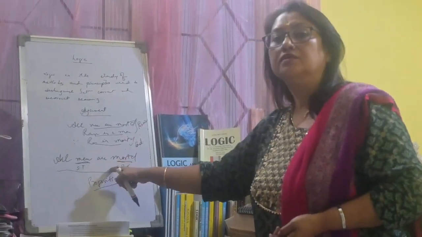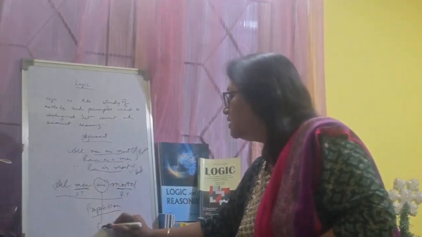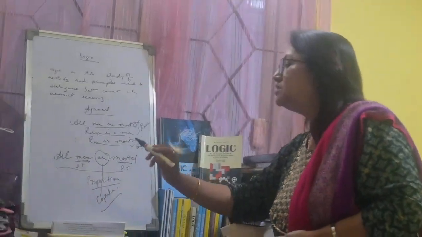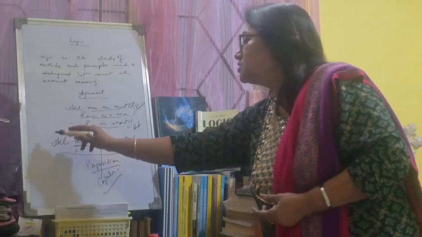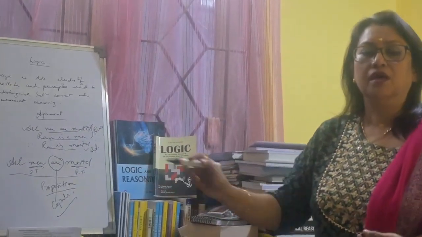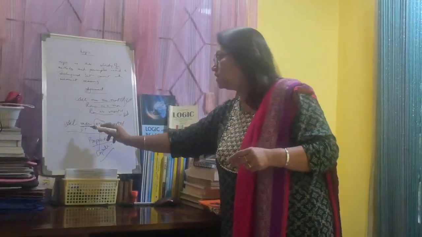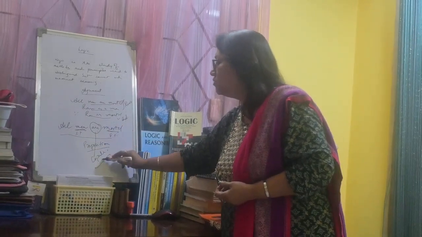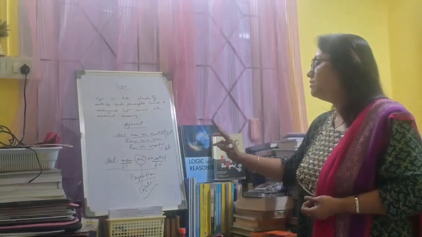These two are terms. This one is the subject term, this one is the predicate term, and this one is the copula. Copula expresses a relation, it attaches the subject and predicate. So this whole sentence is called a proposition, and in a proposition we find two terms, the subject term and the predicate term, attached by one copula, which is the copula.